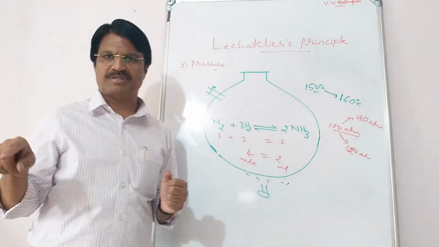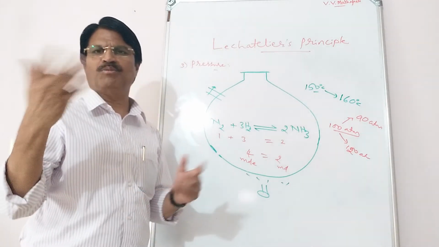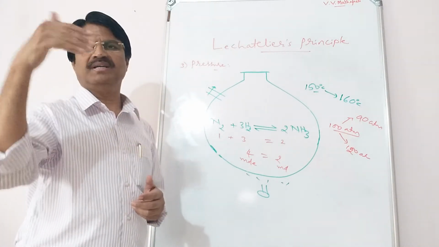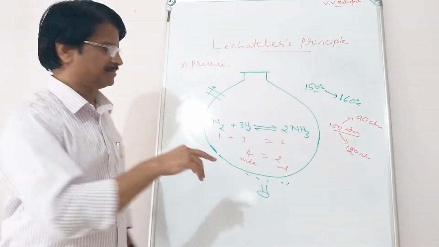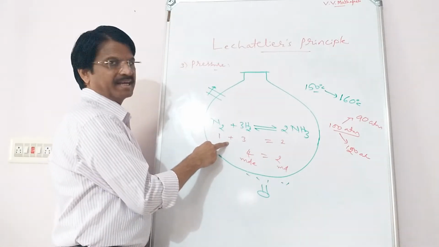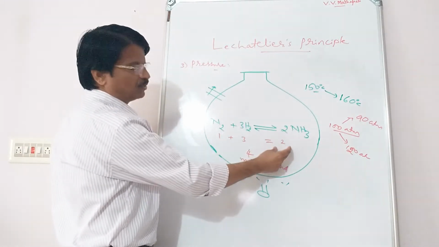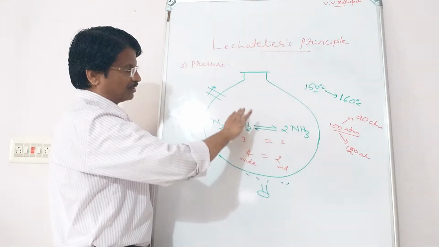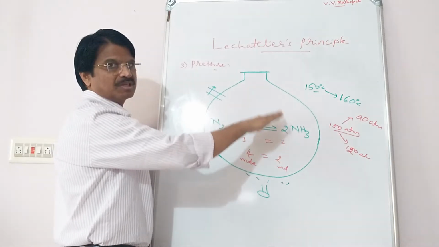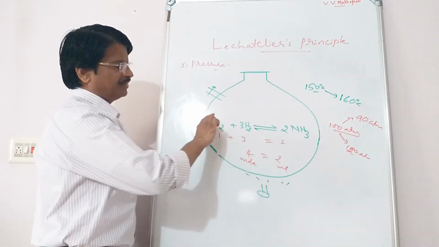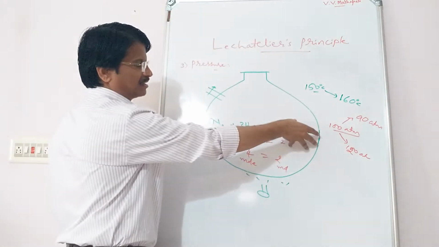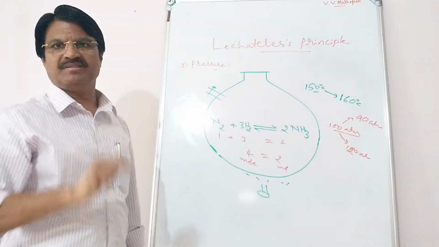Pressure is directly proportional to the number of moles or molecules. The higher the moles, the higher the pressure; the lower the moles, the lower the pressure. So in this reaction, 4 moles change into 2 moles. Therefore, during the reaction, pressure goes on decreasing. Left to right, pressure decreases. Right to left, pressure increases.